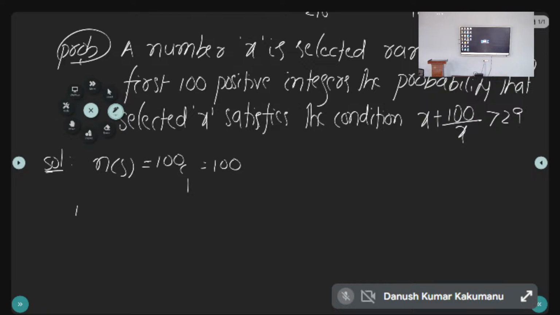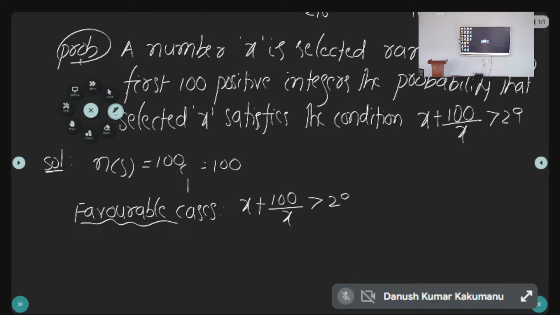What are favorable cases? Favorable cases means that is our numerator. x plus 100 by x greater than 29. That implies x square plus 100 by x greater than 29.